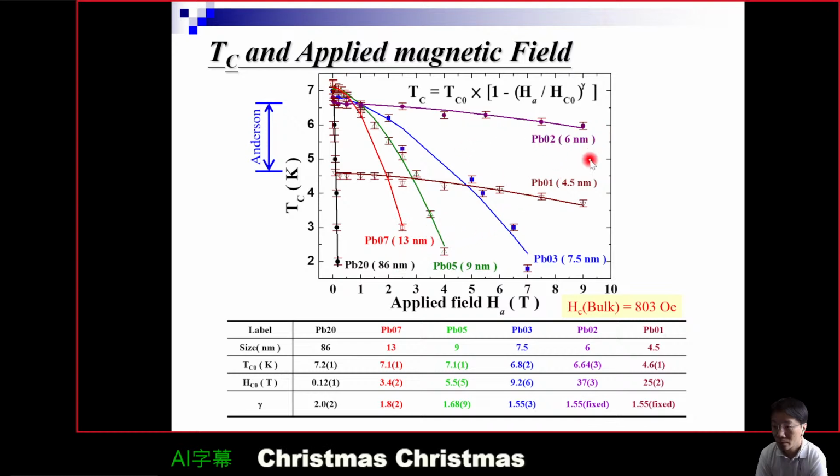So in this case, the 6 nanometer lead nanoparticle will hold its Tc up to 6 K when we apply a 9 Tesla magnetic field. That's totally different from the theory. Because when we reduce the size, the Cooper pair would be destroyed, and its penetration depth is larger than the particle, which means the magnetic field will penetrate the whole particle and destroy all the Cooper pairs.